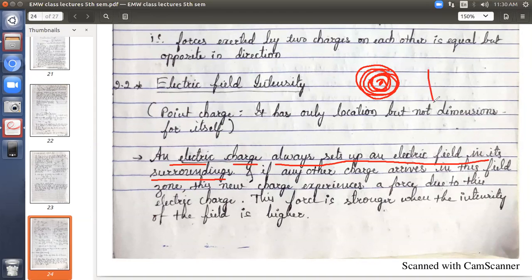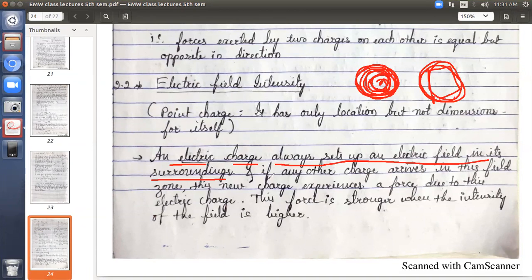It is just like if you put an ice cube, a lower temperature is felt around that ice cube. Something like that. If there is a charge in the space, a field will be experienced around that charge. So whenever an electric charge is put in the space, a field is set up around that charge.